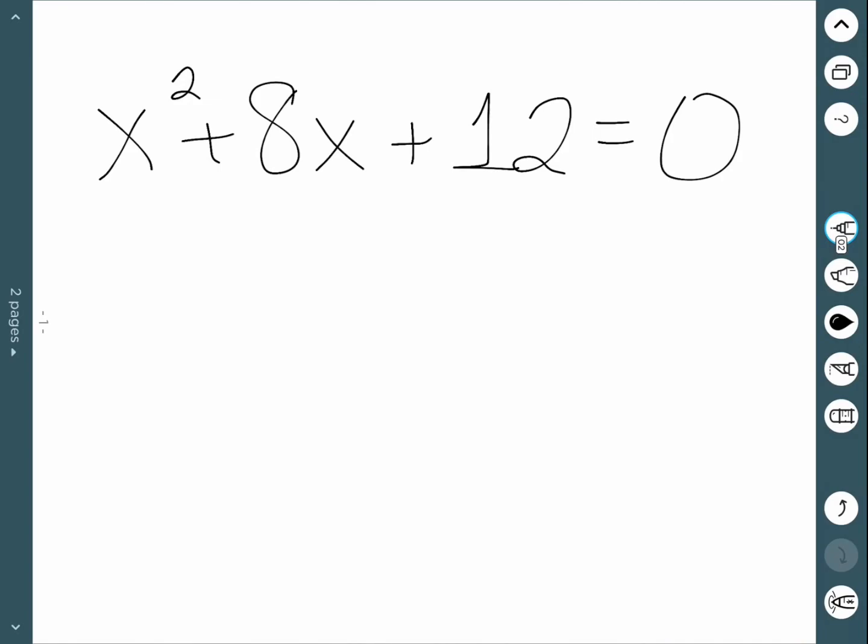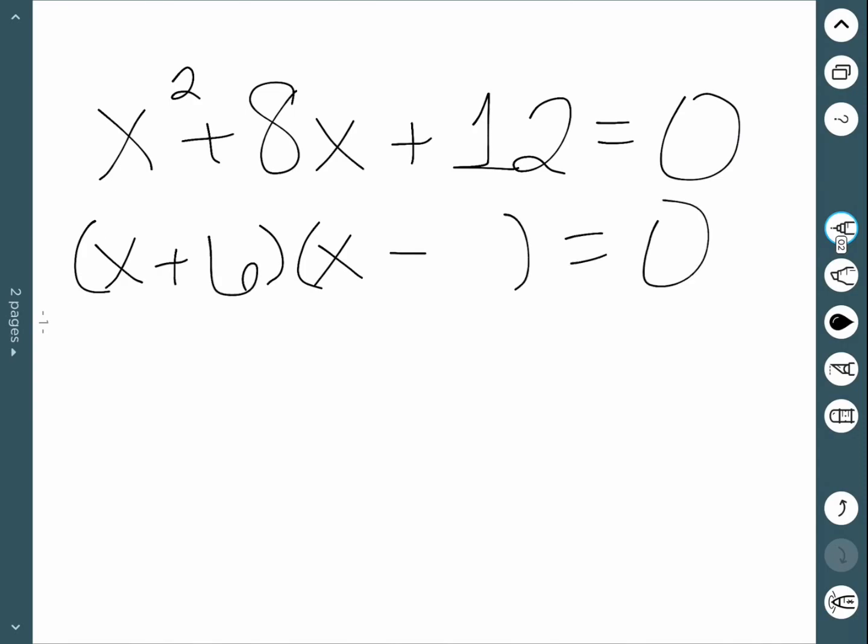And the first thing we're going to do is use our factoring principle. Essentially what we need to realize is that if I have two numbers that multiply and we know the answer is 0, one of those had to be 0 in the first place. So if we try to factor this, two numbers that multiply to be 12 and add to be 8 would be 6 and 2.